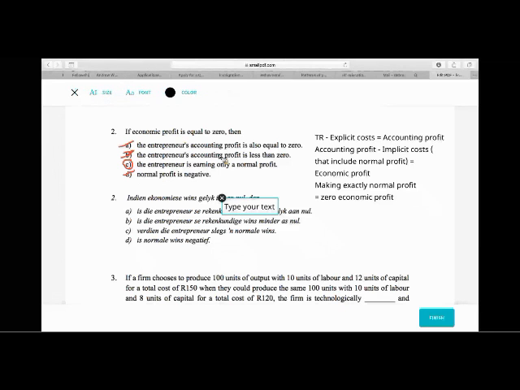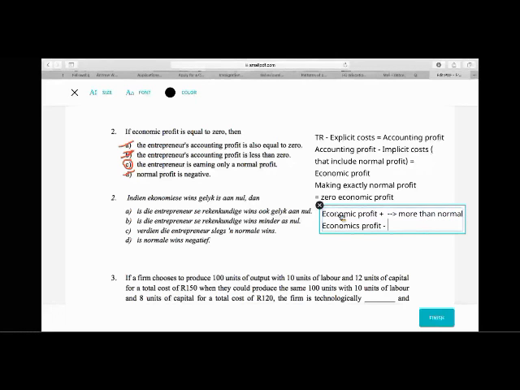So the important thing to remember here is that we can define economic profit according to normal profits. If net economic profit is positive, this means you are making more than normal. If your economic profit is negative, this would mean that you are making less than normal for your industry.